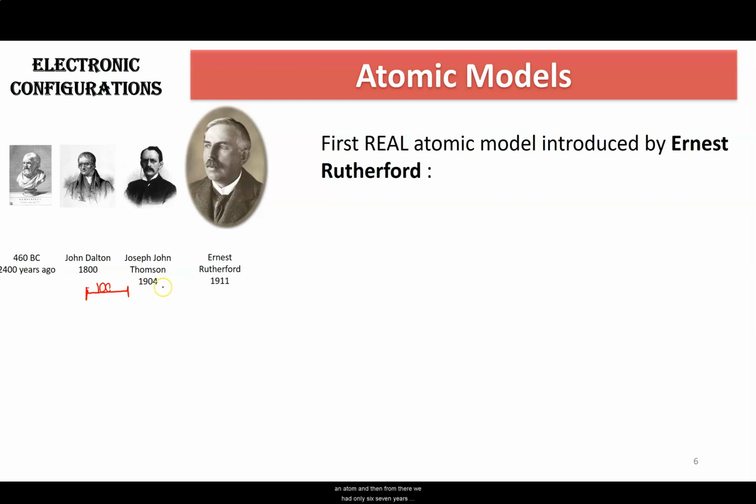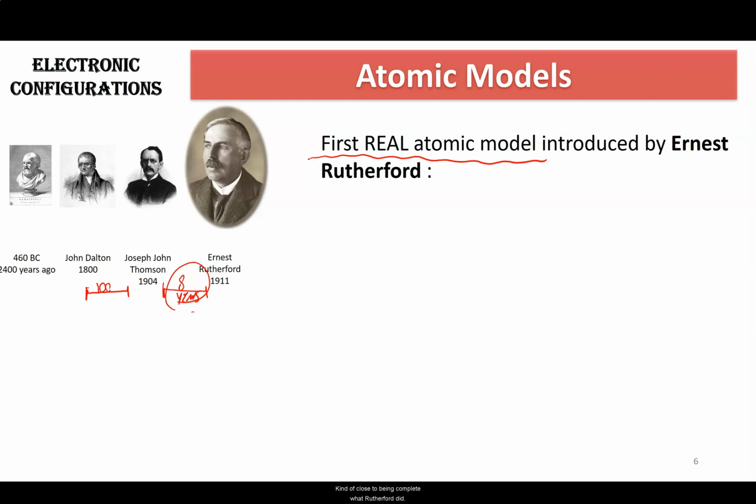And then from there, we had only about 6-7 years, well, let's say 8 years, just to be safe. I know the math doesn't work, but more or less that is how long it took. About 6 to 8 years until we had another genius that introduced the first atomic model that was kind of close to being complete.